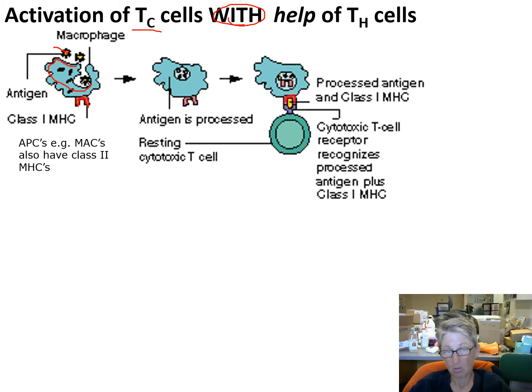Now the cytotoxic T cell can come along with its T cell receptor, and if it's got the right shape, it can recognize that processed antigen in the class 1 MHC.